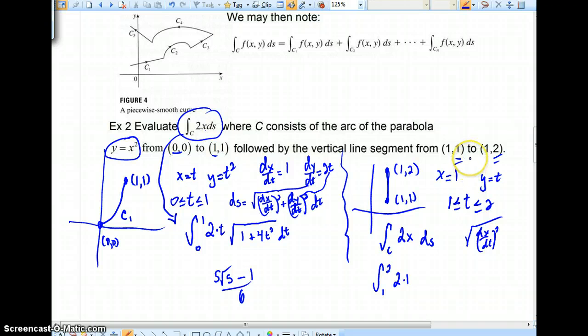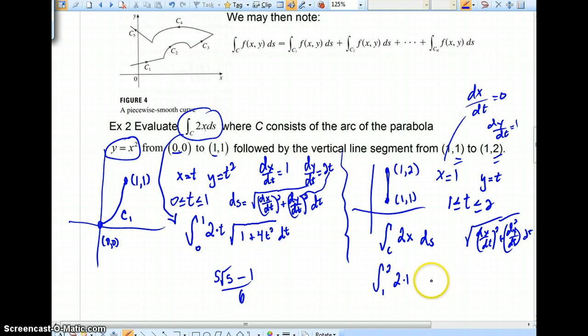You can see that very quickly. That's very nice, that dx/dt is actually just a 0. And in fact, dy/dt is going to be a 1. So we'll say (dy/dt) squared. Well, we're going to be squaring a 1.